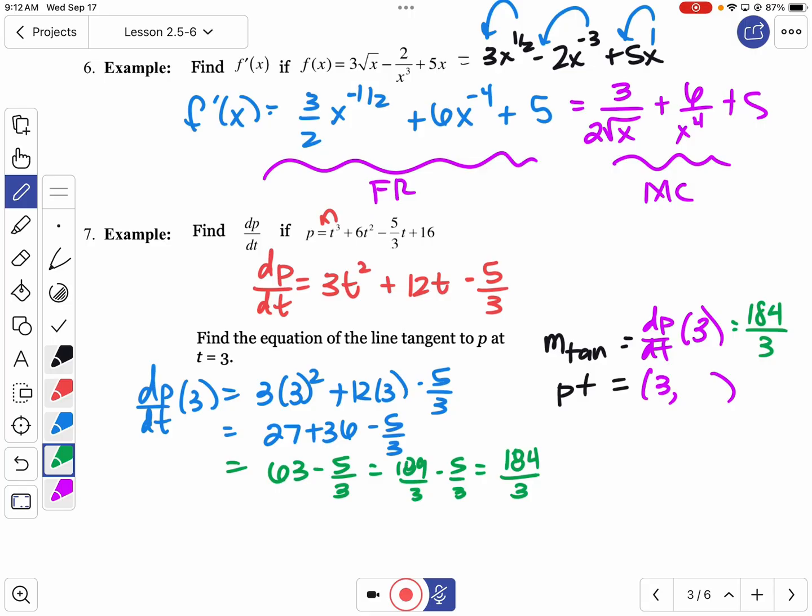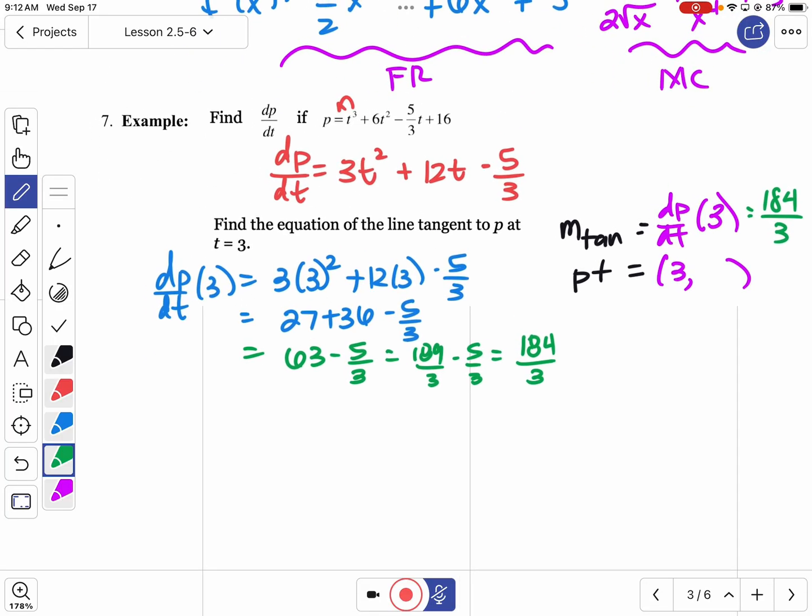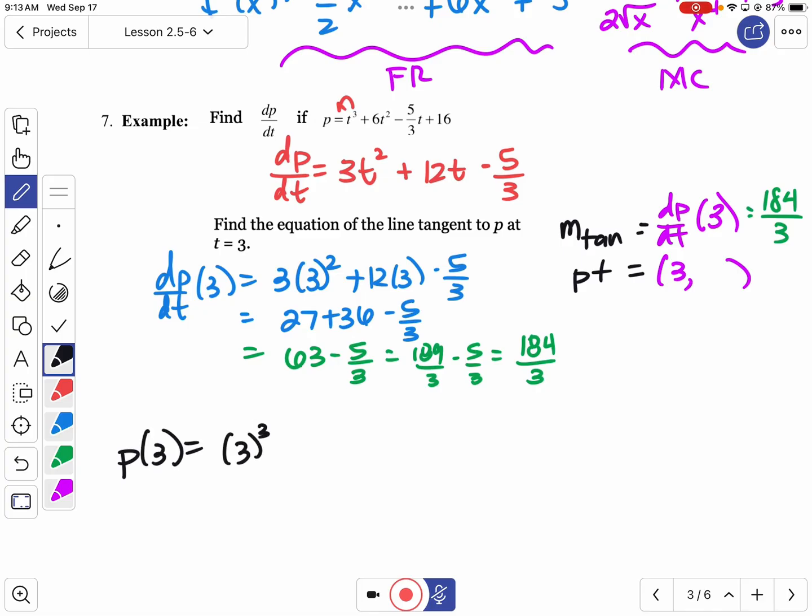Right? If I want to know the point where x is 3, what am I going to plug this into to get the point? To plug it into the derivative or to plug it in somewhere else? The original function. So I'm going to take the p function and evaluate it at 3. So 3 cubed plus 6 times 3 squared minus 5/3 times 3 plus 16.